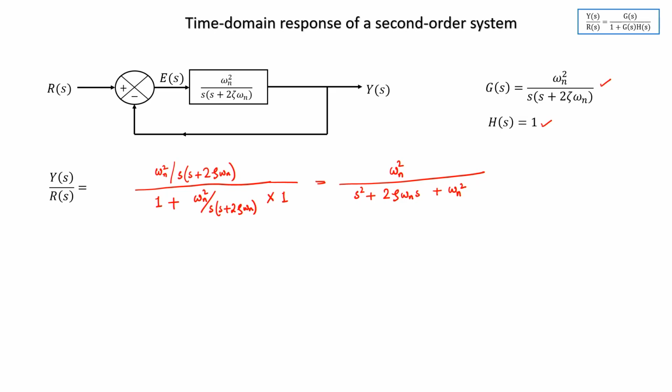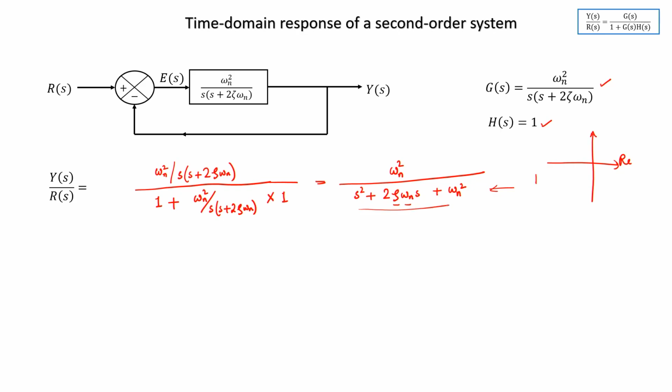Something to note here is that in this case we will have two poles, right. Now, depending on the value of zeta and omega n, will the poles be on the imaginary axis, will the poles be on the right hand side of the complex plane, where will be the location of the poles? Because we have two poles, of course the two poles will be complex conjugates of each other, because zeta and omega n here are real numbers.